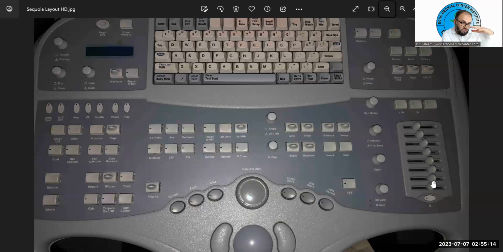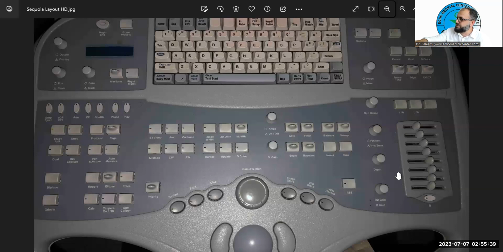You look at the timing to see where that is. That's why we call it TGC, or DGC, depth gain compensation. So we know where we need to make our picture brighter and darker. These TGCs also make the picture either brighter or darker. It depends which way you turn it. Slide it to the left, it will make it darker. Slide it to the right, most commonly, it will make the picture brighter.